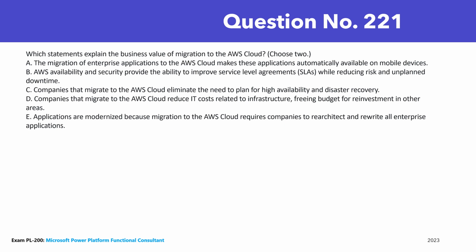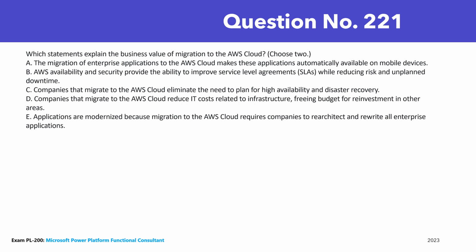Which statements explain the business value of migration to the AWS Cloud? Choose 2. A. The migration of enterprise applications to the AWS Cloud makes these applications automatically available on mobile devices. B. AWS availability and security provide the ability to improve service level agreements, SLAs, while reducing risk and unplanned downtime. C. Companies that migrate to the AWS Cloud eliminate the need to plan for high availability and disaster recovery.